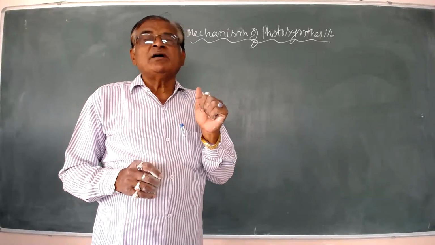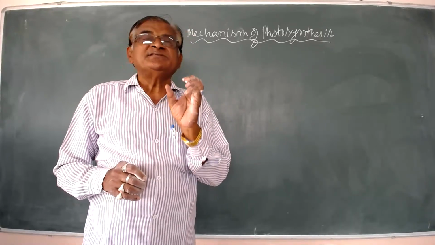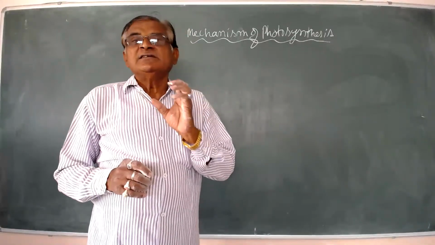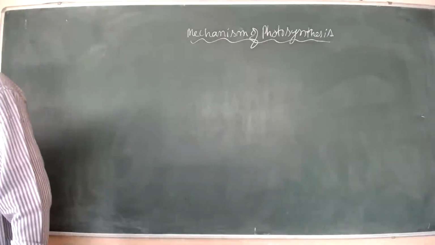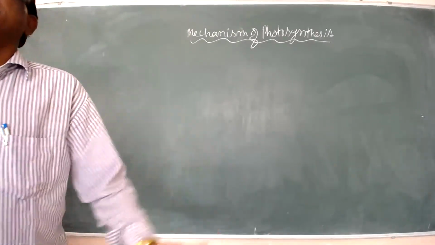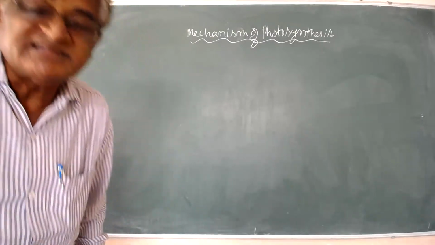The photosystems are the required reaction centers with different proteins that I have just explained. This finishes here; in the next class we'll explain the mechanism of photosynthesis. Yes, thank you.